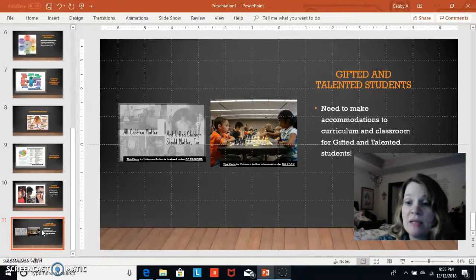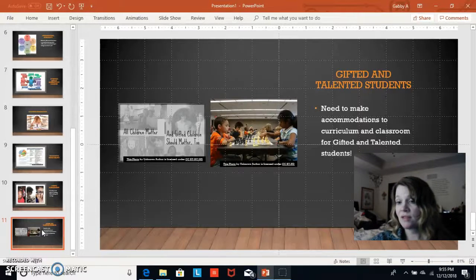So they may be straight A students, but not be engaged and not be interested in the curriculum. So they just don't pay attention. They just don't do what they're supposed to do because they're bored. It doesn't stimulate their mind, and that's one of the principles that you need to make sure that the students' minds are being intrigued.